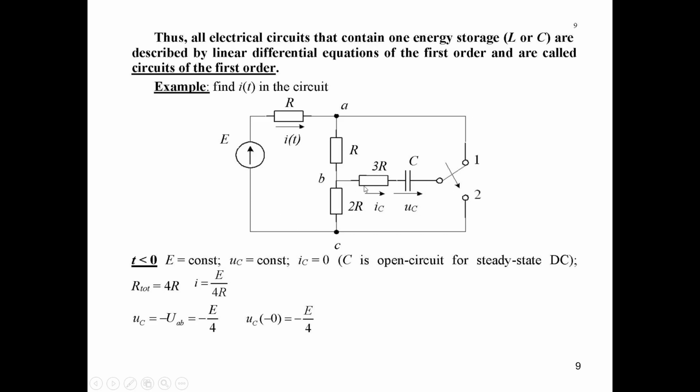So UC forced after commutation will be equal to the voltage drop between these points, UBC, and UBC will be in the same direction as UC. So UC forced will be equal to the current E over 4R multiplied by 2R, so it will be equal to E over 2.